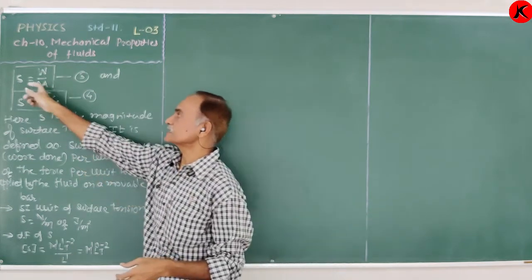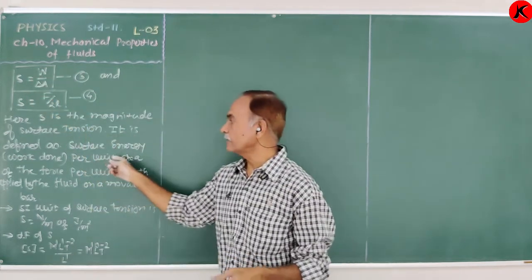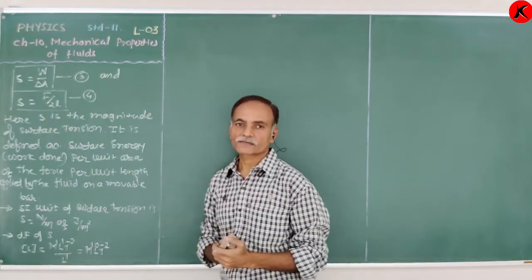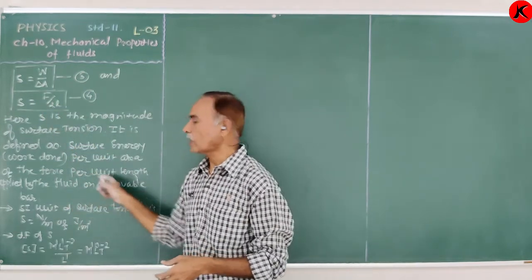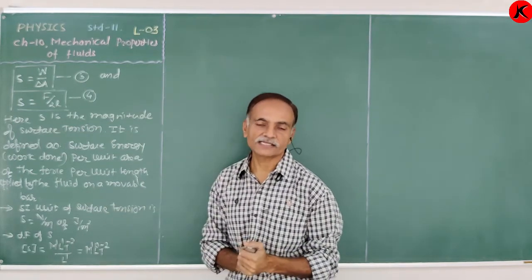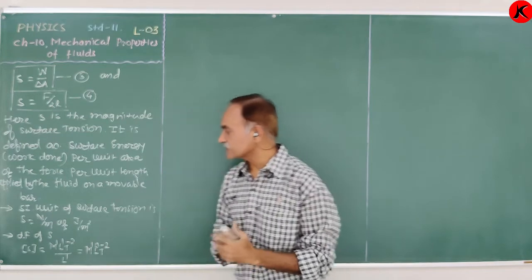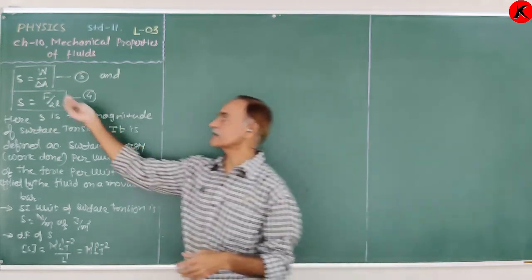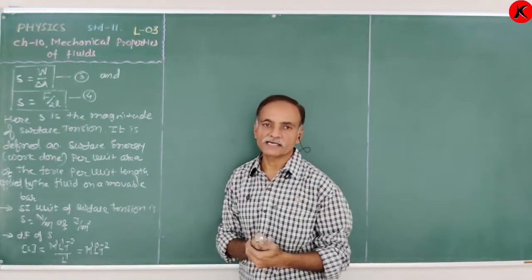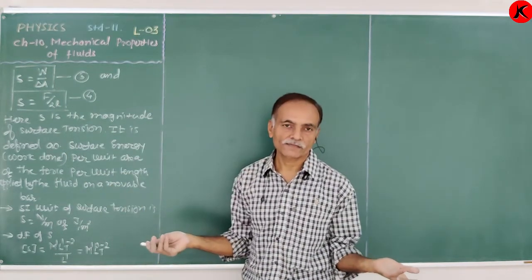Therefore surface tension is defined as the work done per unit area, or the force per unit length applied by the fluid on a movable bar. That is known as the surface tension. The SI unit is Newton per meter, or Joule per meter square. Both are the same.